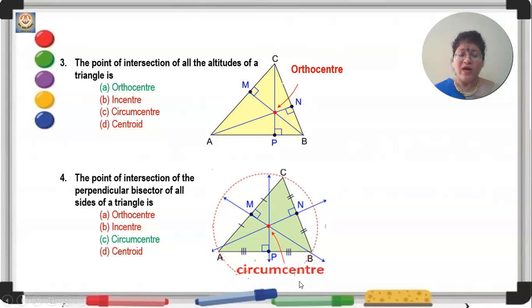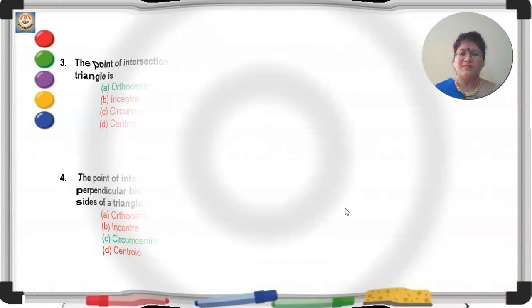And when you have the circumcenter, you can draw a circle outside the triangle. And you will notice this circle is touching the triangle. How to draw them, we will learn it later.